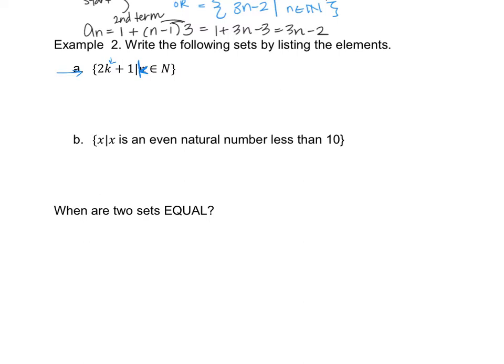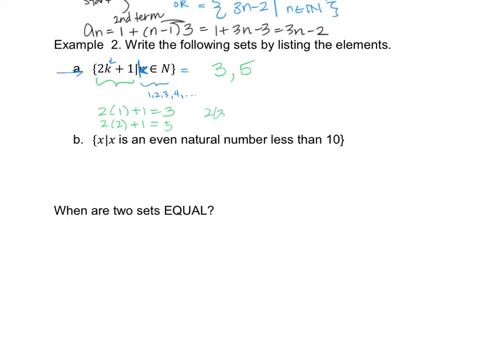So if we want to start listing that, remember the natural numbers are 1, 2, 3, 4, and so on. If I put a 1 into this expression, that's 2 times 1 plus 1, which would get a 3. If I put a 2 in there, that's going to get me a 5, right? 2 times 2 plus 1 equals 5.